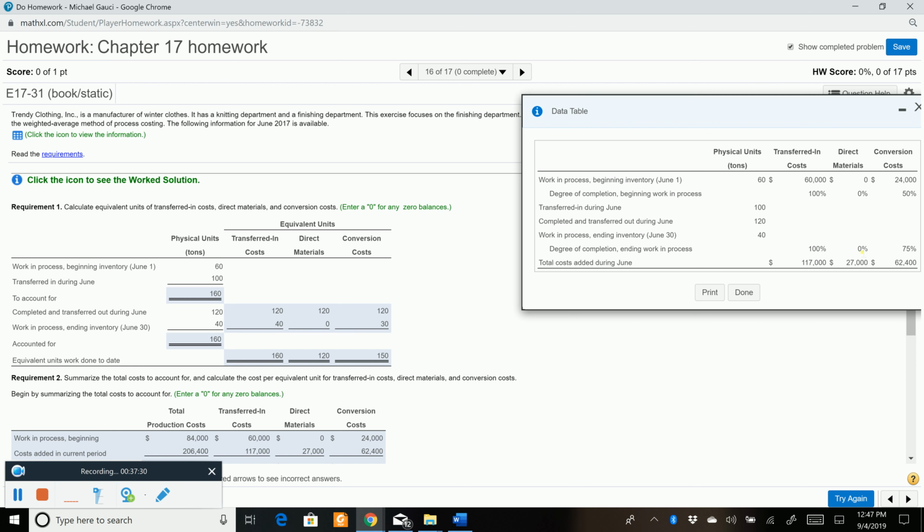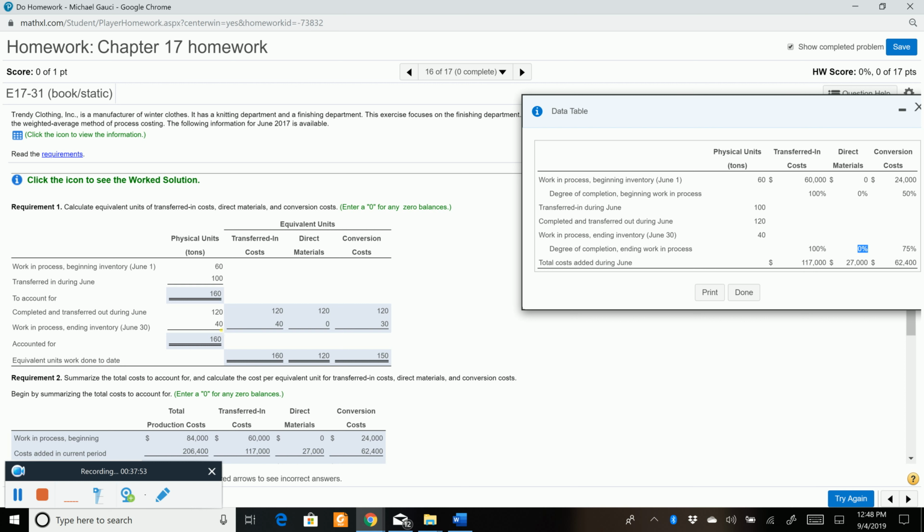Our direct materials for ending WIP is 0% complete. Remember what I read in this homework problem: the direct materials are added at the end of the process. So that is why they are 0% complete. If we take the 40 times 0%, that'll give us 0 equivalent units for direct materials.